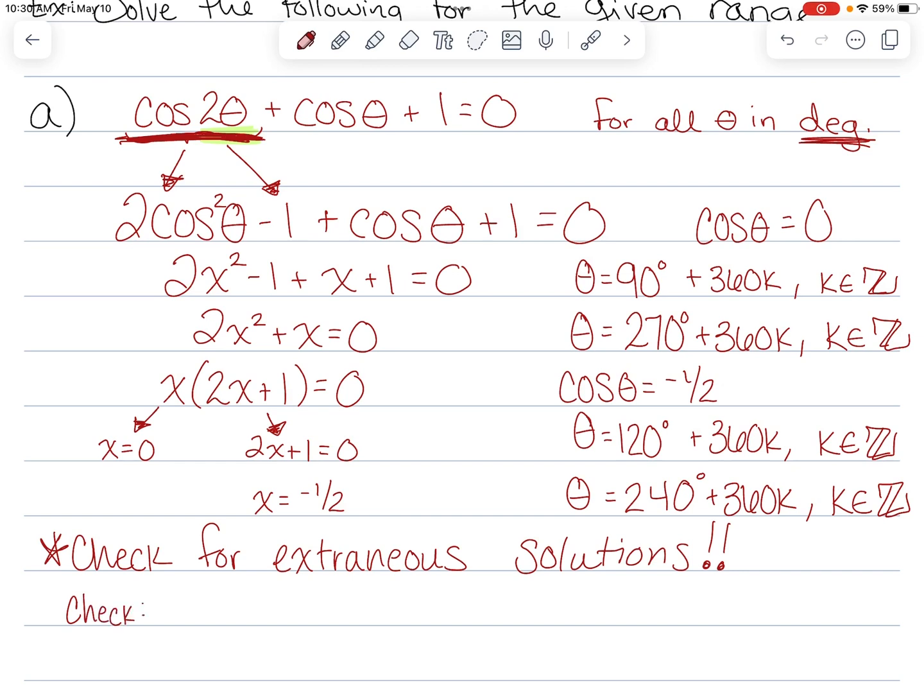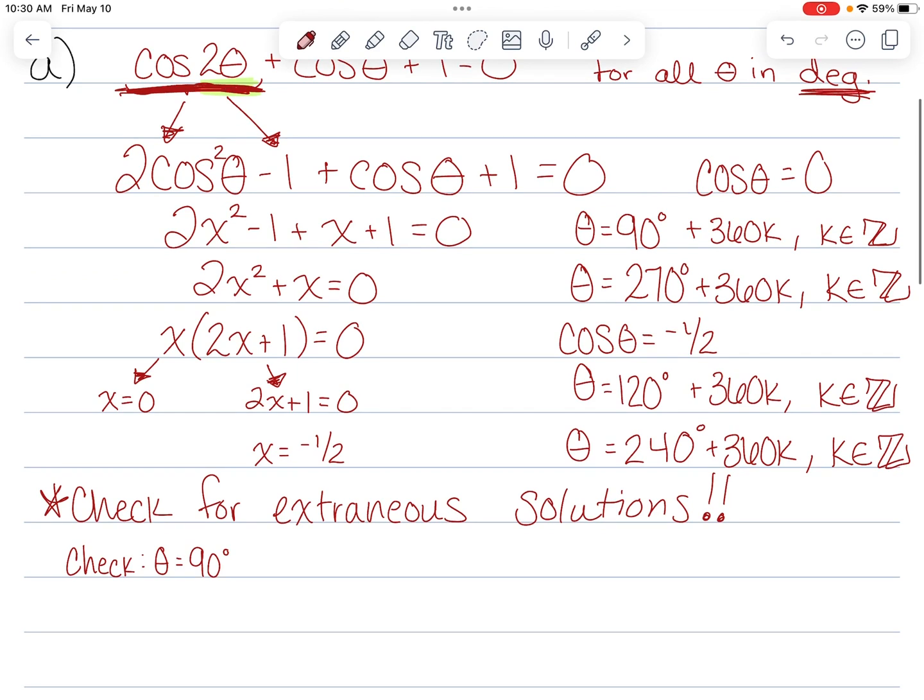So if I want to check theta equal to 90 degrees, my original problem said cosine of 2 theta, so 2 times 90, plus cosine of theta, cosine of 90, plus 1 equals 0. And both sides of my equation have to equal the same thing.